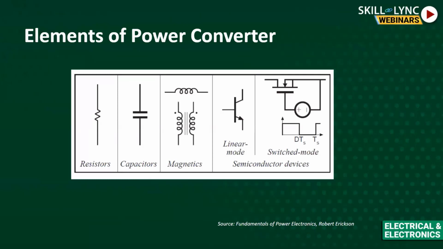And linear mode devices and resistors we don't use for the power processing. We have already seen this. In one example we used the resistor, and in another we used the linear mode device, the transistor which operates in the active region. Both are lossy, so we don't use them in the main input path, and we don't use the magnetics in the control input path. Just remember these things. Otherwise, these are the elements we use in the power converter.